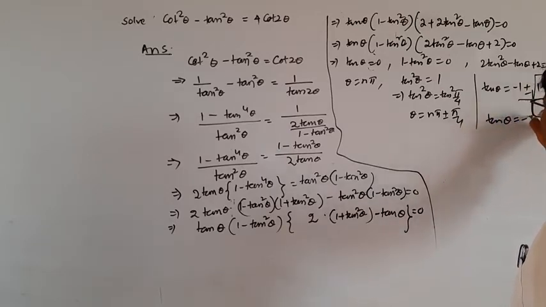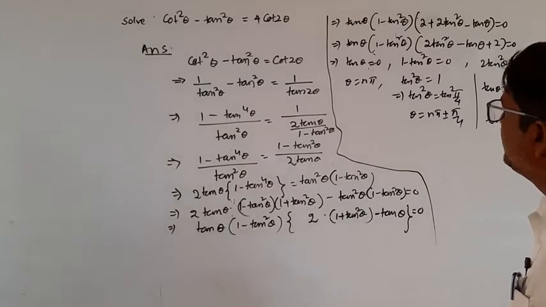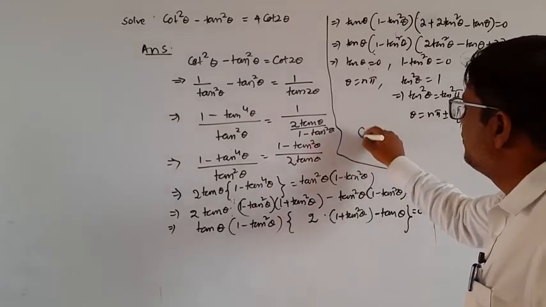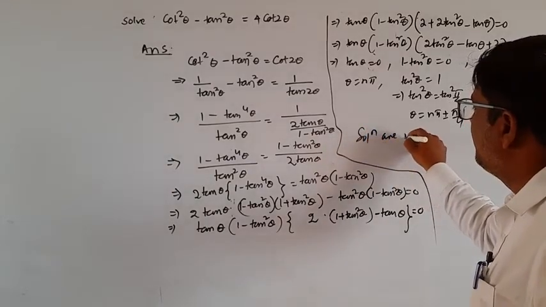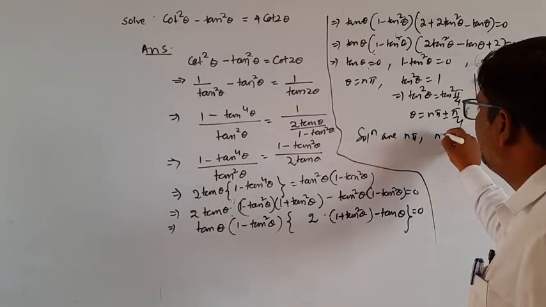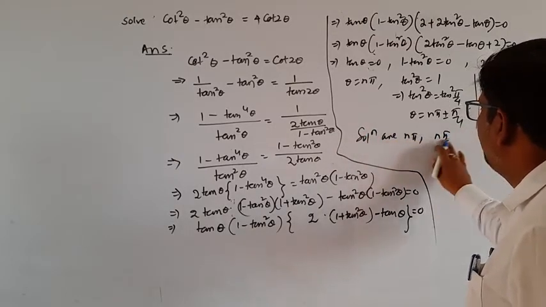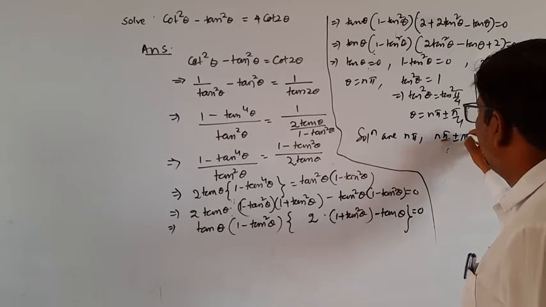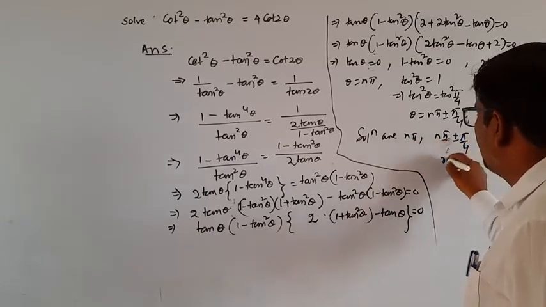Tan theta is equal to minus 1 plus or minus the square root of 1 minus 16, that is minus 15, not real. So the solutions are n pi and n pi plus or minus pi by 4, where n belongs to Z.